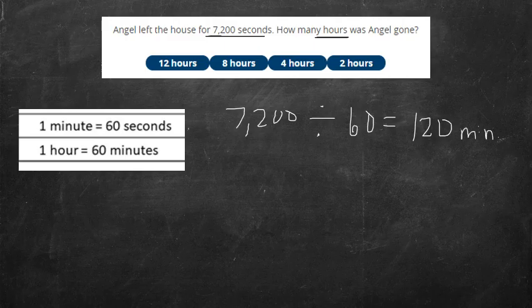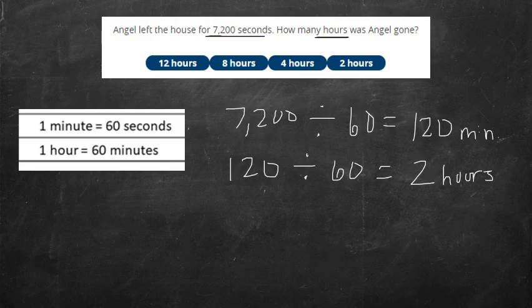Okay. I'm not done yet because remember, we got to figure out how many hours she was gone. So 1 hour is 60 minutes. And right now I have 120 minutes. So if I take 120 minutes and then divide that by 60, I would get 2. Okay. And this would be my number of hours.